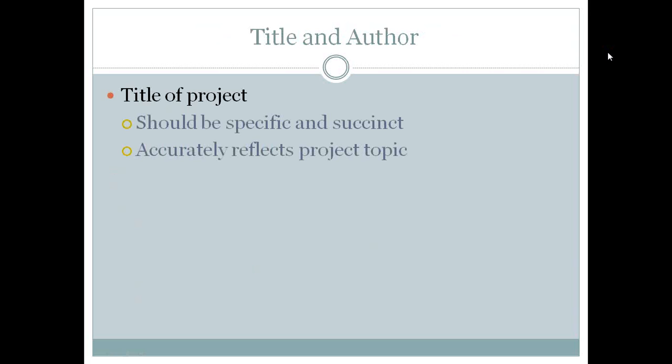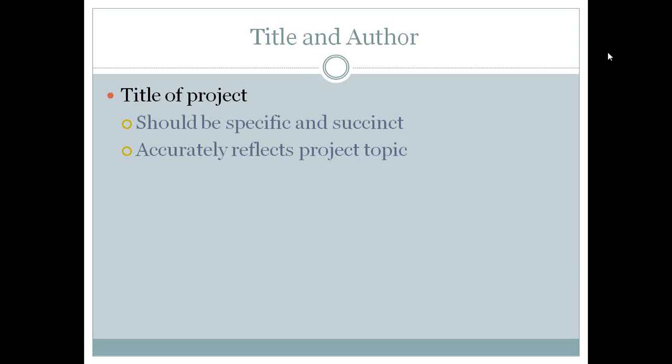So first, you're going to start out with your title and the authors. So you want to have a title for your project. Scientific writing is different from maybe a more creative writing. You're generally much more succinct, right to the point, descriptive, but in a very specific way, rather than kind of more flowy or long-winded ways.